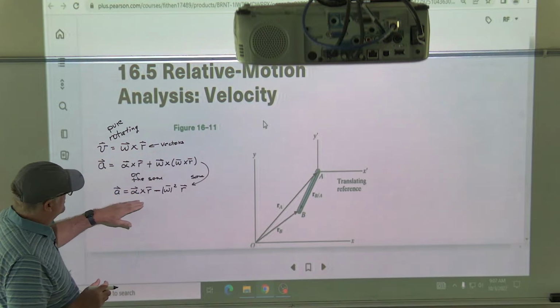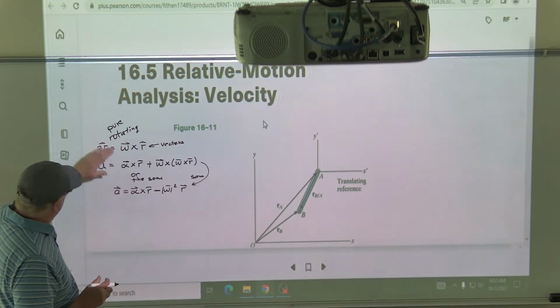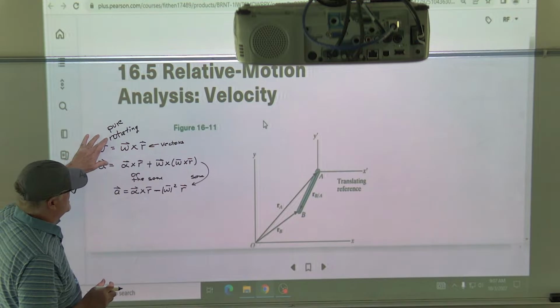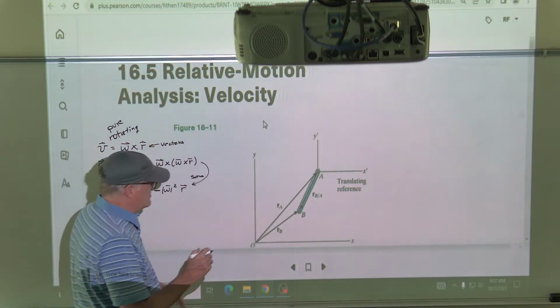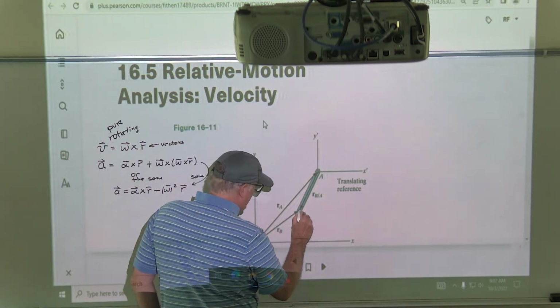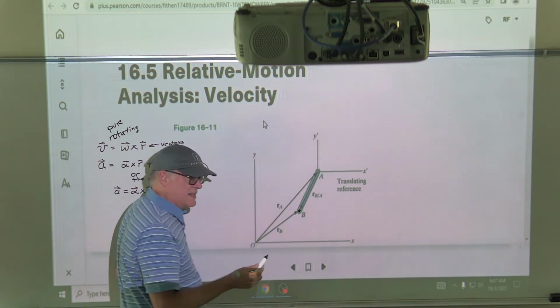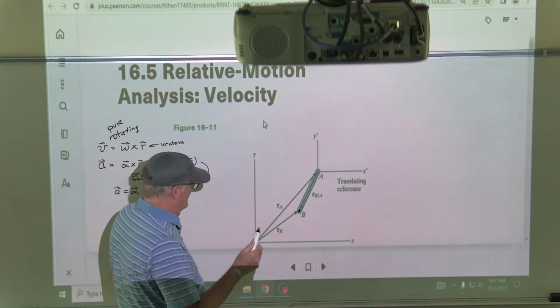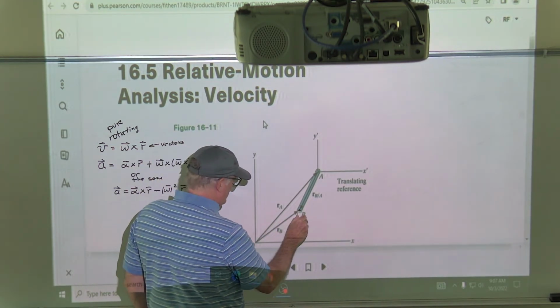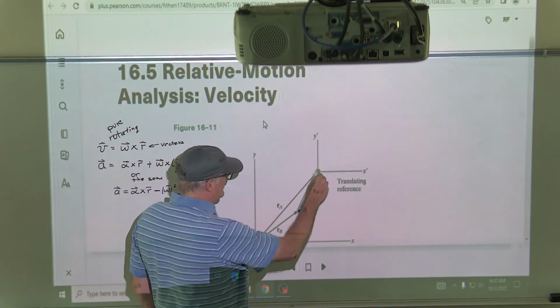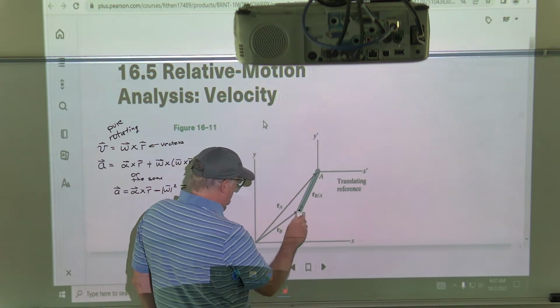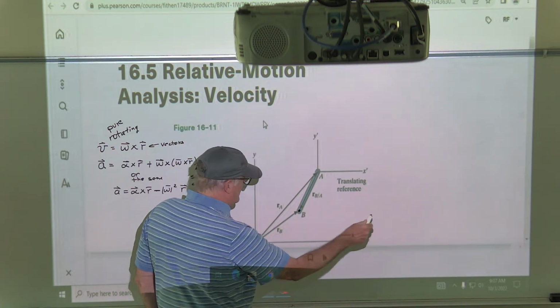So where we're going to now is, if this is a thing that's purely rotating, it turns out that if you're sitting on the body, it always appears like it's purely rotating. So if you glue yourself to this point B, and this thing starts moving around, point B doesn't see itself moving.